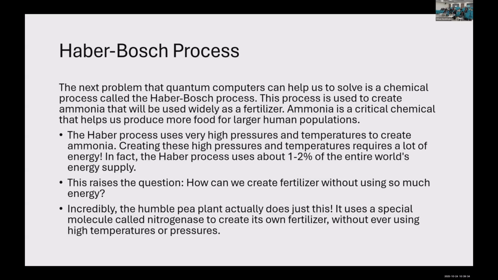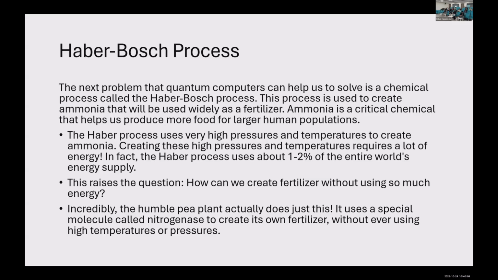Ammonia is a critical chemical that helps us produce more food for larger human populations. The Haber process uses very high pressures and temperatures to create ammonia, which requires a lot of energy. In fact, the Haber process uses about 1 to 2% of the entire world's energy supply. That's huge.